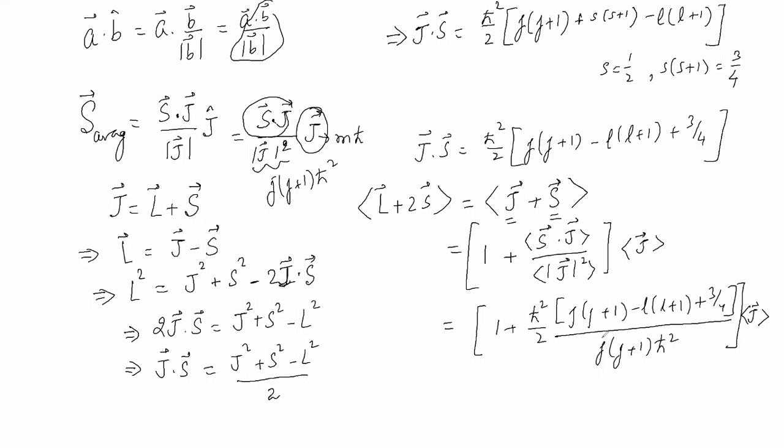Now this quantity in the square bracket is known as the Landau g factor, and it is represented by Gj.